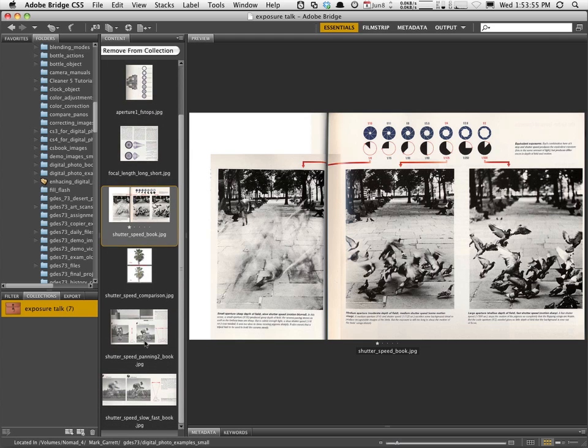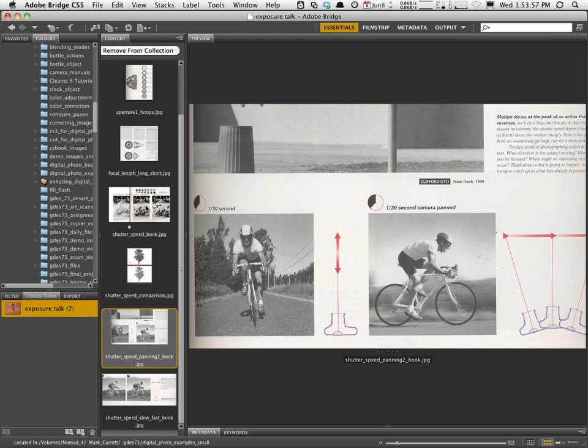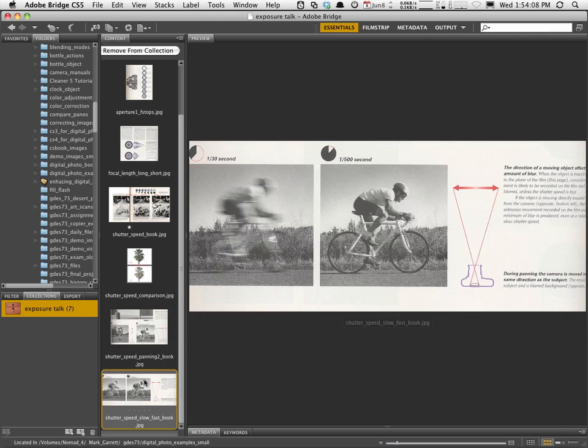Here's a little tip on shutter speed. Say you needed to use, for some reason, which we'll get to, a slower shutter speed, like a 30th of a second. So we saw before, if you were at a 30th of a second and you were shooting something moving, but you're pointing straight at the background, the moving object will be blurred.